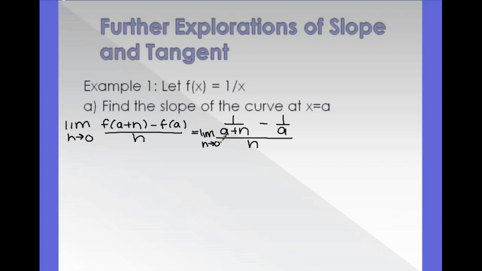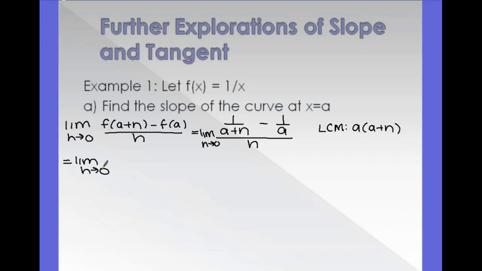However, what do I know about subtracting fractions that have unlike denominators? In order to subtract fractions, they have to have the same denominator. So what that means is we need the least common multiple, the LCM, of a plus h and a. So that's a plus h. So what we've got to do is create a common denominator for those two fractions.